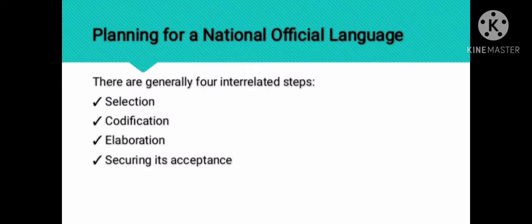Codification is standardizing its structural or linguistic features. This kind of linguistic processing is known as corpus planning. The third, elaboration. Elaboration is extending its function for use in new domains. This involves developing the necessary linguistic resources for handling new concepts and contexts.